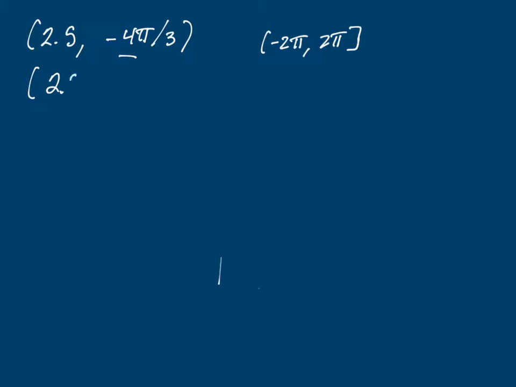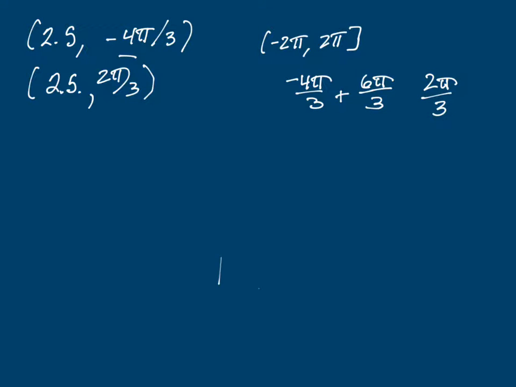So we'd have 2.5, and then I have negative 4 pi over 3 plus 6 pi over 3, right? That's 2 pi. And so I get 2 pi over 3. So there's one pair, 2.5, 2 pi over 3.